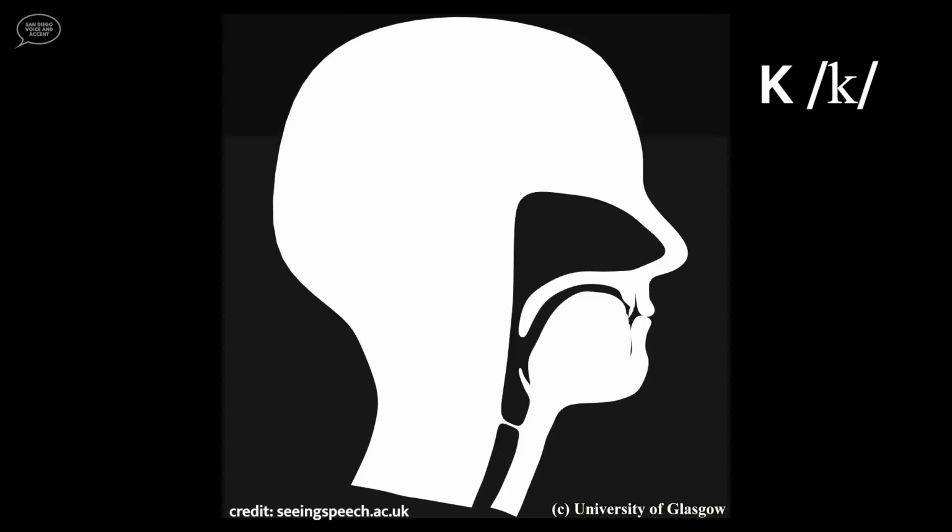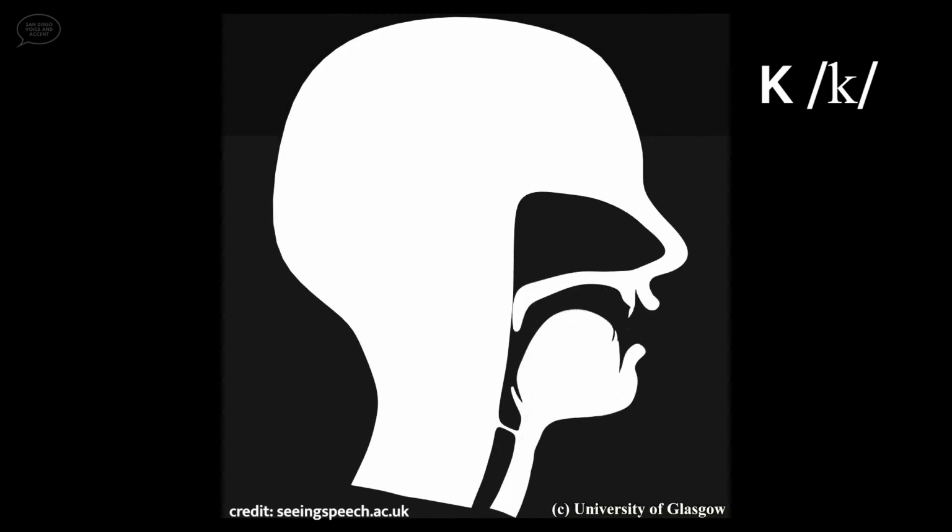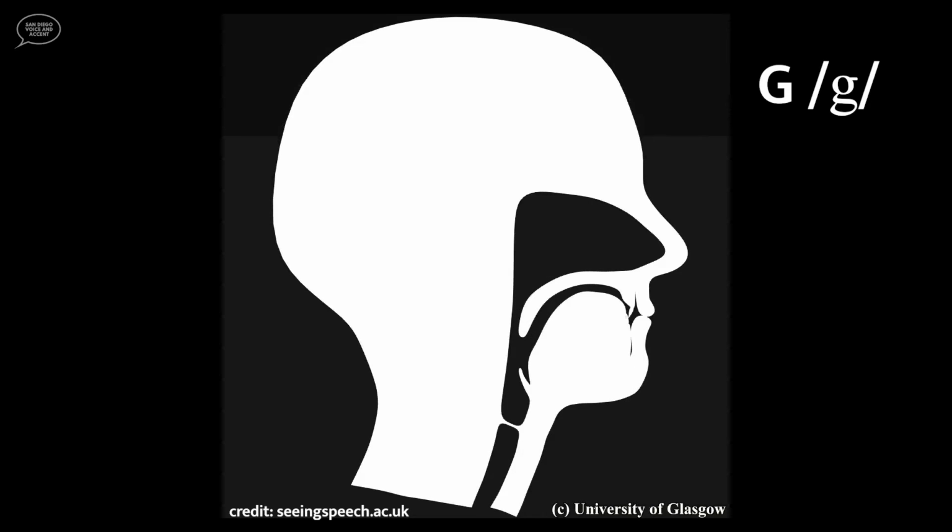Watch how the tongue pulls back and makes contact with the soft palate. Now the G consonant. Notice the same tongue and mouth placement, but you'll hear voicing or vocal cord vibration.